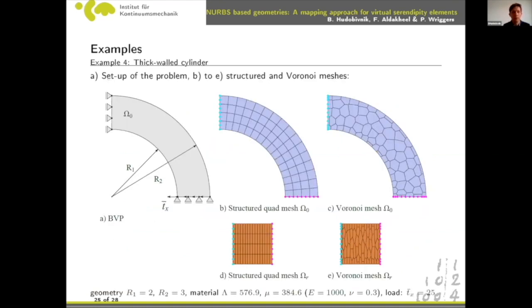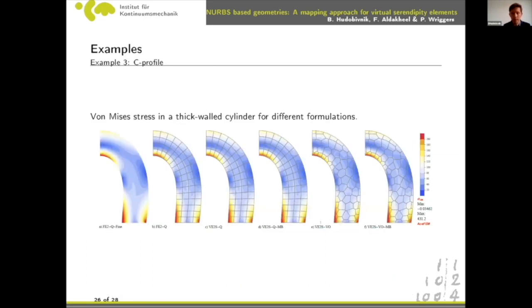Now I have the 4th example. We have a quarter of a thick walled cylinder with a reference configuration of a unit square, and then we map this to an elongated curved domain. And again, we have loaded from below, pushed towards the left, and you can see again we have a good match in stresses.